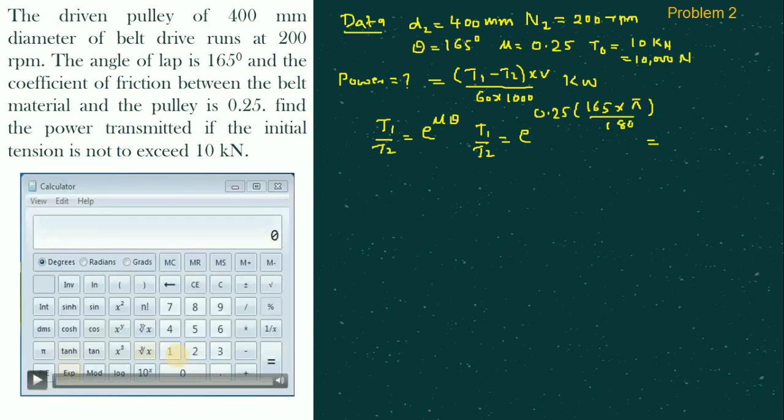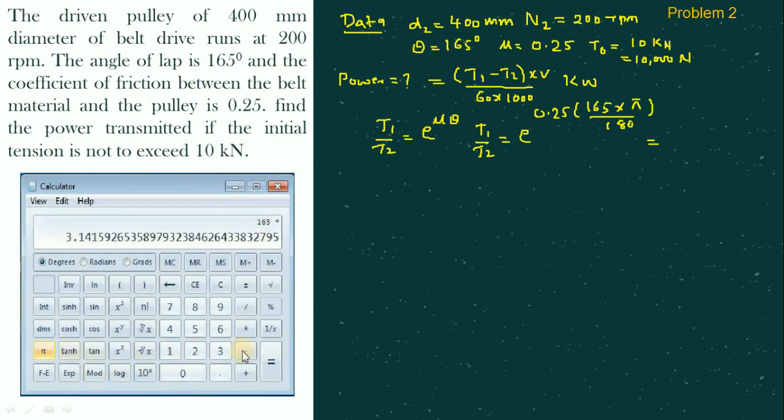So let's calculate this one. 165 into pi, divide it by 180 degree to convert it into radians, then multiply it with the coefficient of friction, that is 0.25, and take the value of e raised to theta, that is inverse of e raised to theta.